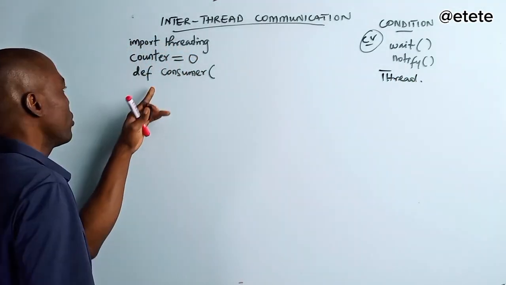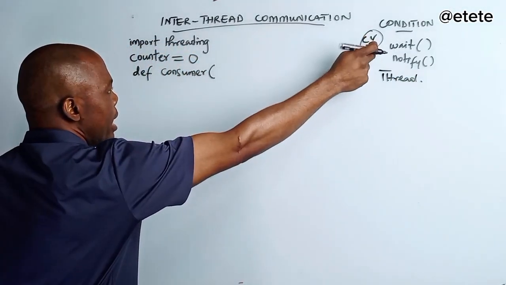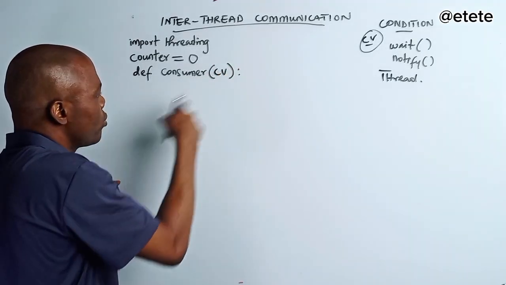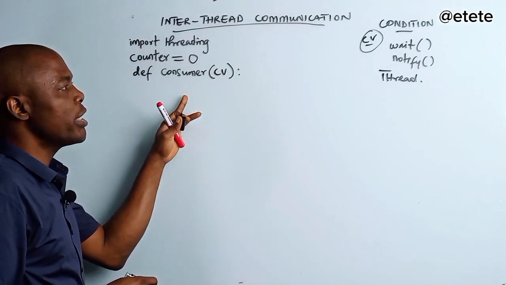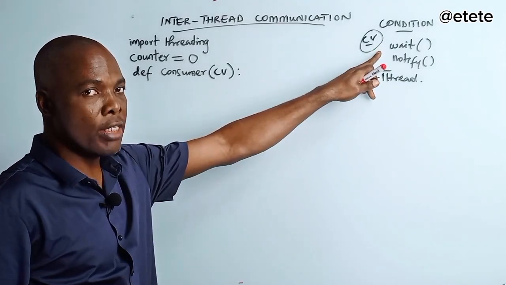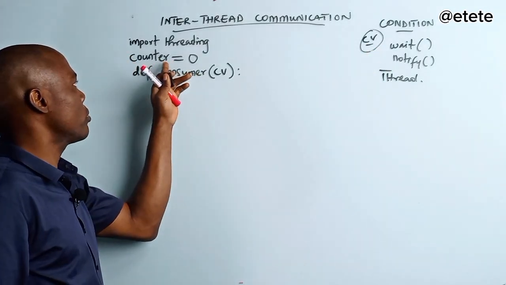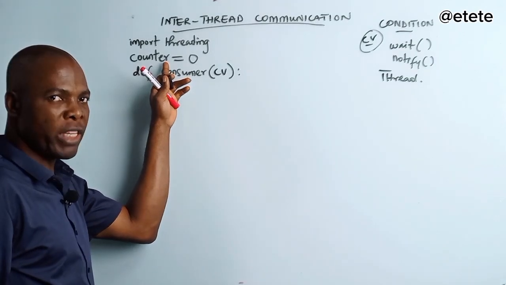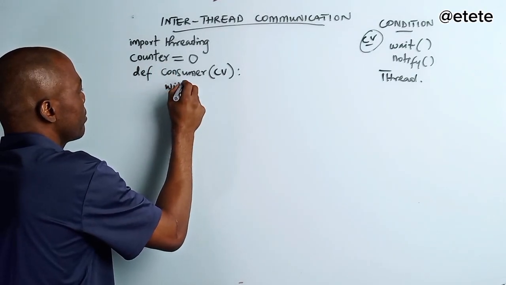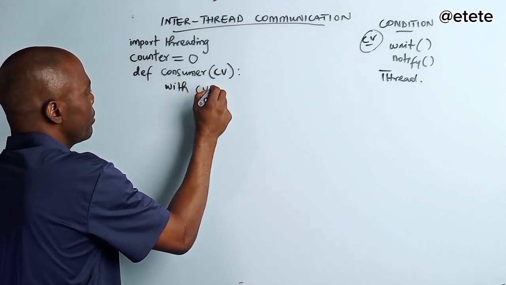right? So inside this consumer, it is expecting this object, CV. Then it will go in. Now, when it goes in, it will have to obtain a lock, which is this CV will obtain a lock to be able to do something about this counter. So I will say with CV.